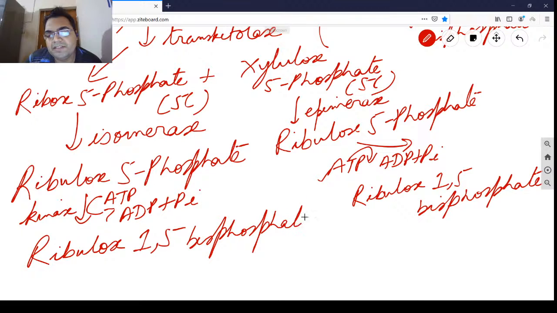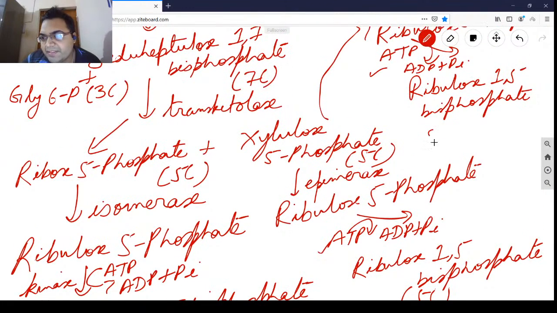So now you can see there's a 5-carbon molecule, 5-carbon molecule, and here also it has been resynthesized. So you have been able to resynthesize 3 ribulose 1,5-bisphosphate molecules, but 3 ATPs have been completely used up.